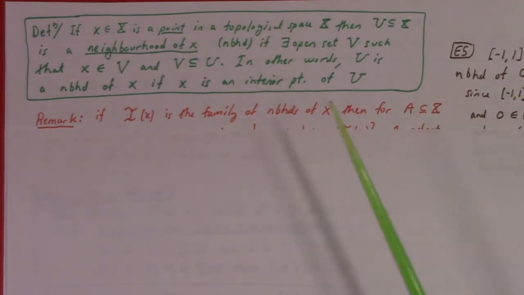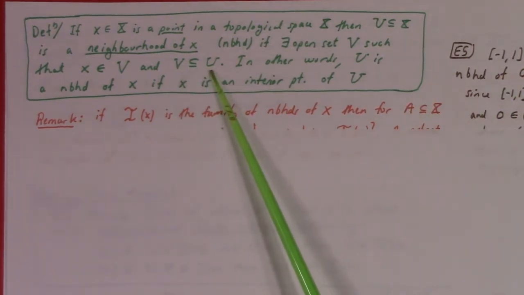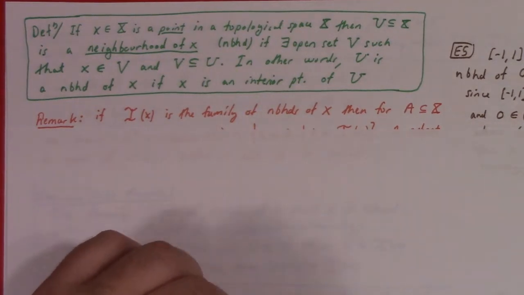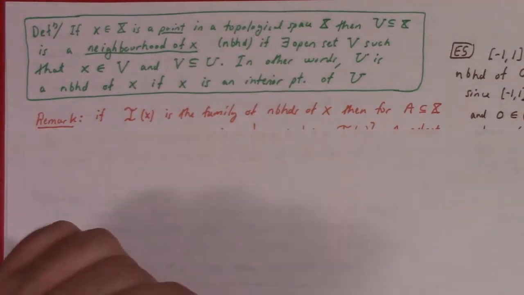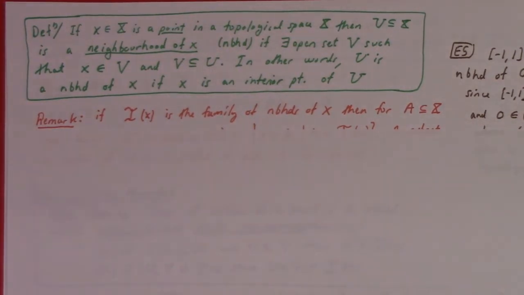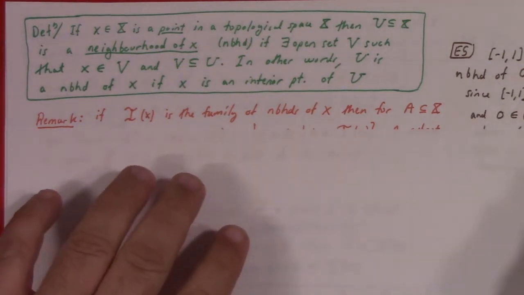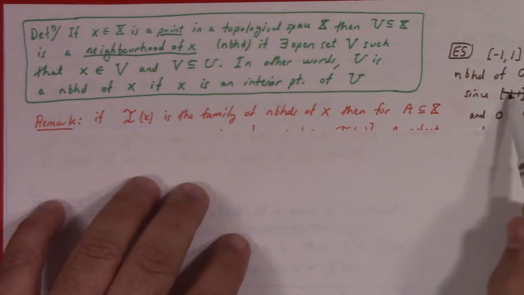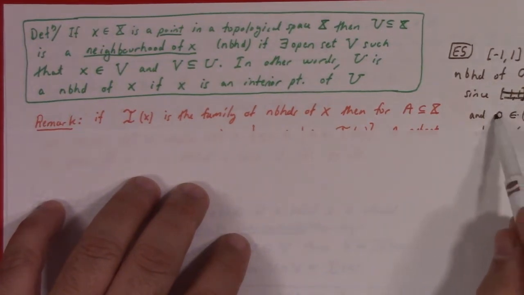I need V as a subset of U. Oh, rats, I've gotten the order of things messed up here. So minus 1 to 1 is a neighborhood of 0, since... this is not the way, okay?